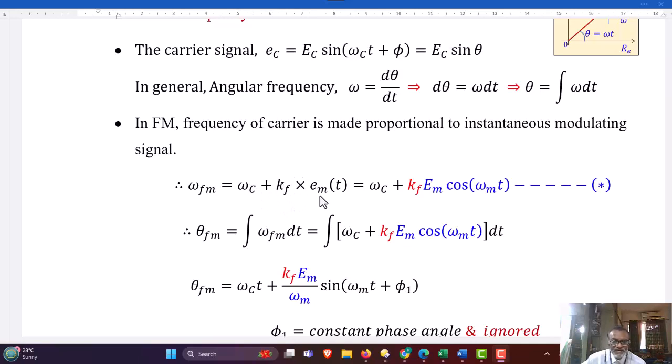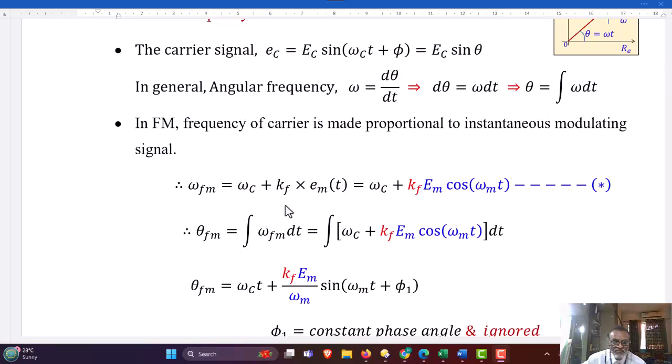So what does this expression tell us? This expression tells us that the frequency after modulation, that is omega_FM, is a function of the modulating signal. It varies from omega_c to a higher value when e_m is positive, and it will reduce from omega_c to a lower value when e_m is negative.